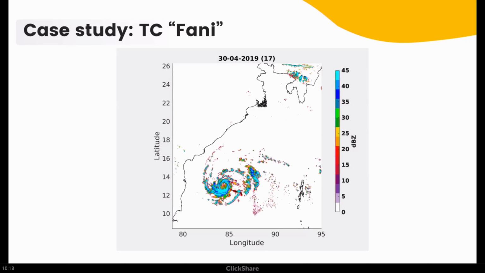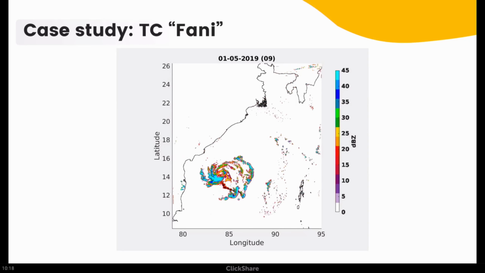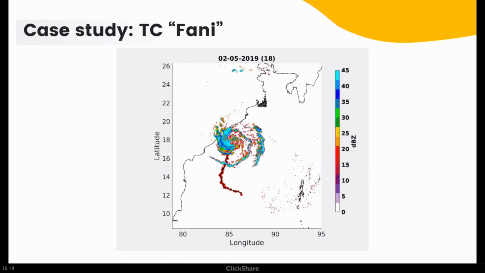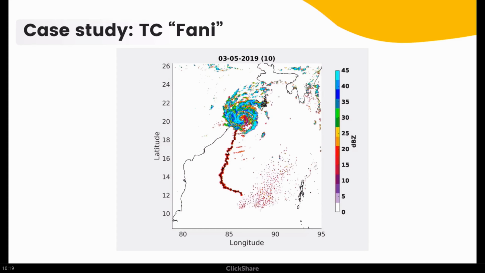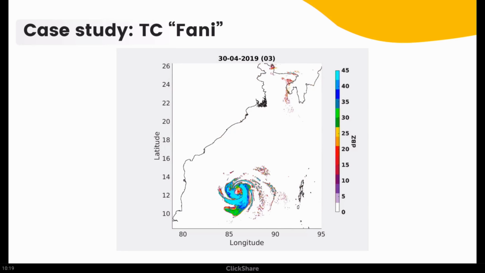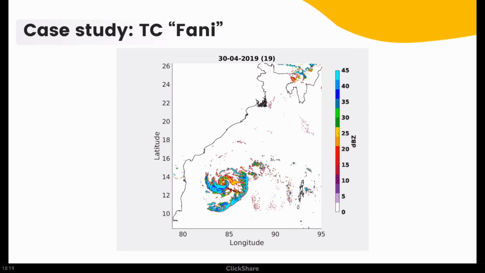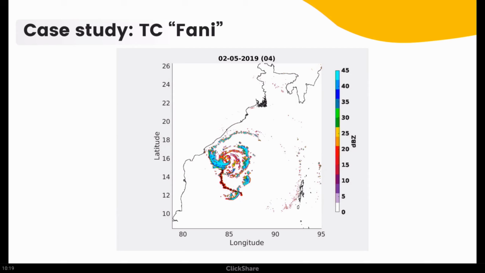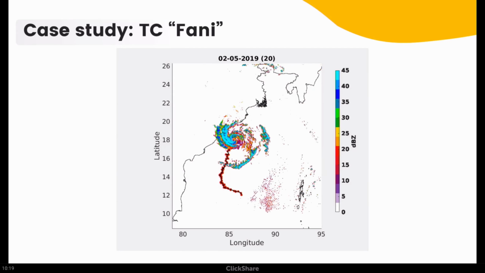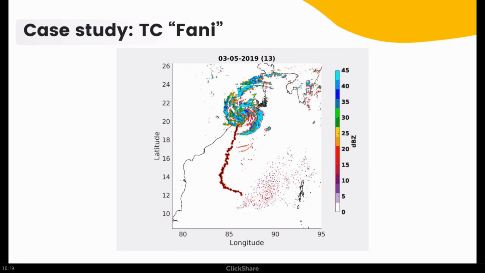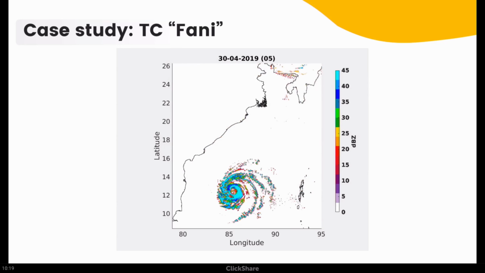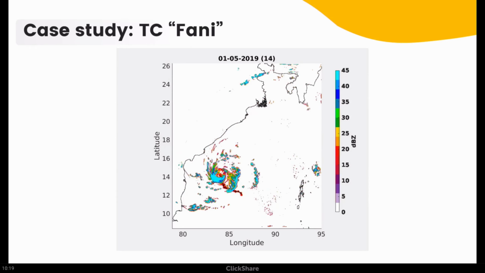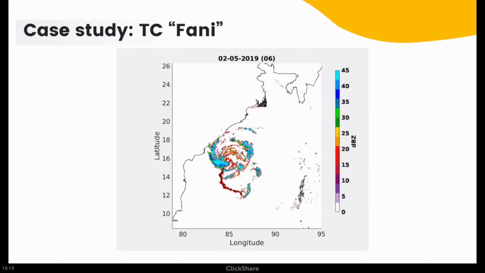So this is a case study, not a case study, I just prepared it for this particular webinar, just to show you how we generally do the modeling. This is a sample image of a particular model output that I performed, which is showing a cyclone, where I have taken a small region over the Bay of Bengal, and I have tried to simulate it from one time to another time, and we are seeing here some radar reflectivity plots as well as the tracks.